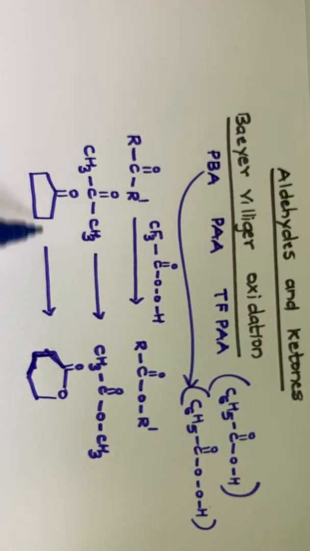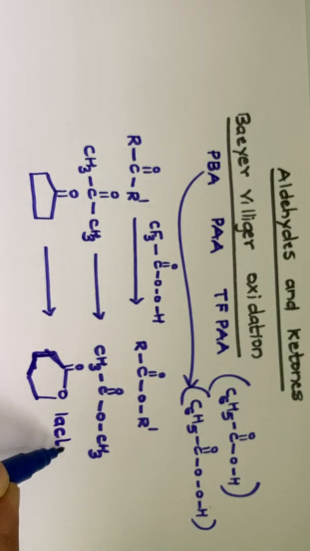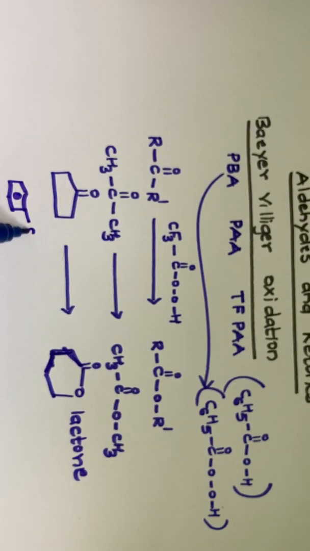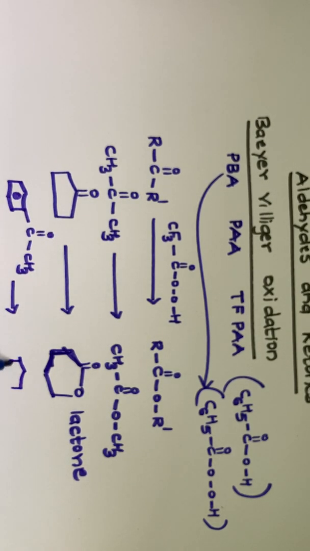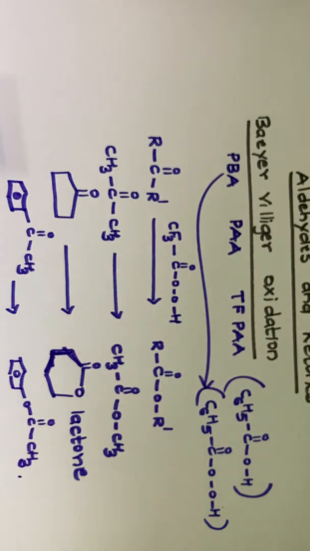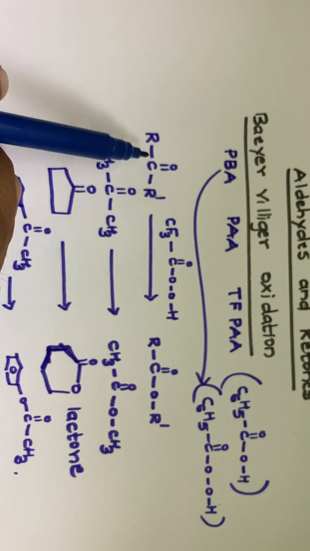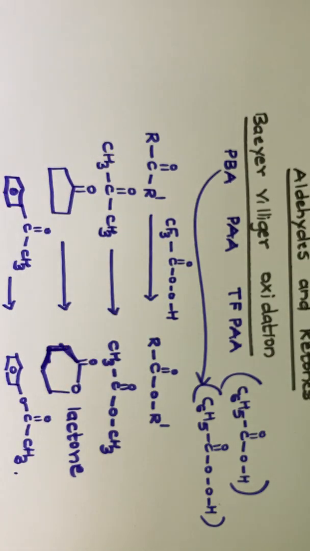There are five carbons and one oxygen, the ring becomes 6-membered. So this is a cyclic ester. Cyclic esters are referred to as lactones. If we have an acetophenone like this, you get an ester. So this conversion of ketone into esters by using peroxyacids is referred to as Baeyer-Villiger oxidation.